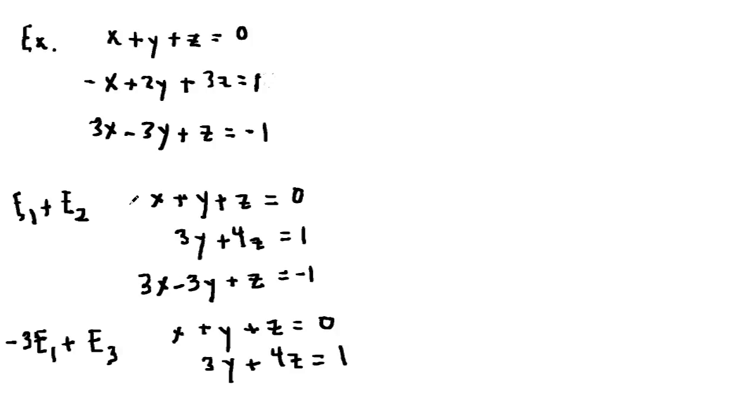Now here we're going to get minus 3x plus 3x, so that's going to give you 0x. So we won't have an x term. We have minus 3y minus 3y, which is minus 6y, minus 3z plus z is minus 2z, and then minus 3 times 0, which is 0, minus 1, which is minus 1.